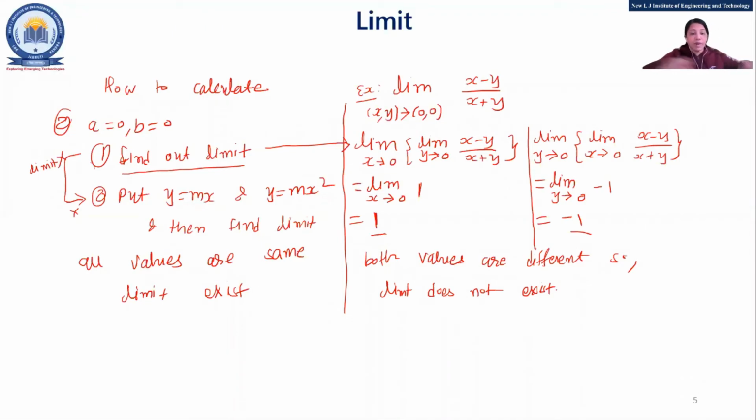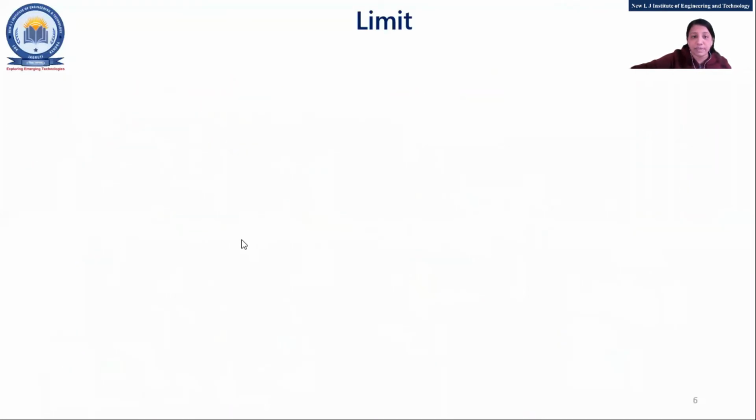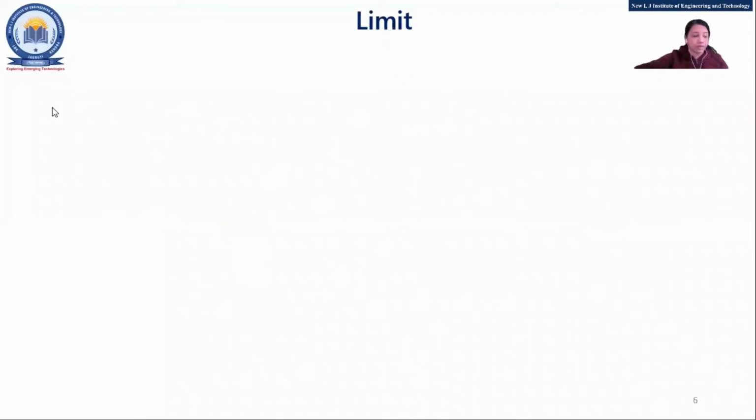Now we'll take more examples. This example was easy. Now we'll move to the example in which mx is required. Find the limit of xy upon y square minus x square, obviously going to (0, 0), then y equal to mx and mx square.